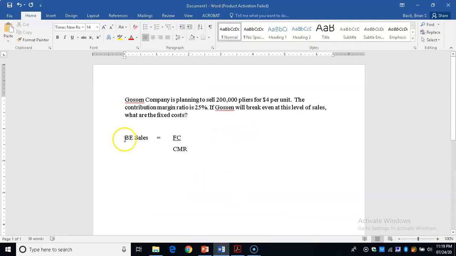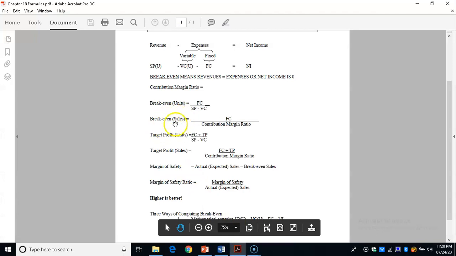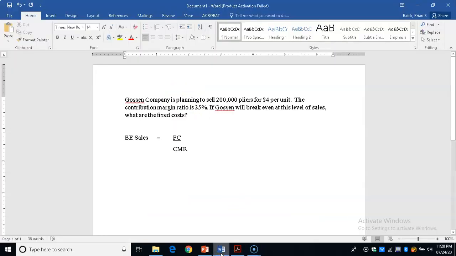Sales is in dollars, right? If we were using break-even units, then it would be units. Here it's in dollars. So break-even sales, it says if they sell 200,000 pliers, they will break even at this level of sales.